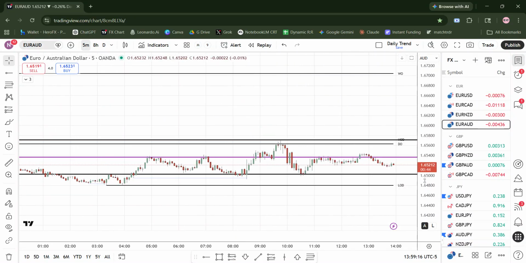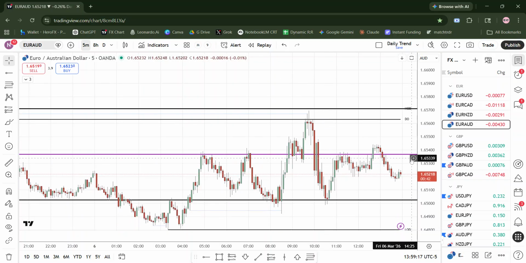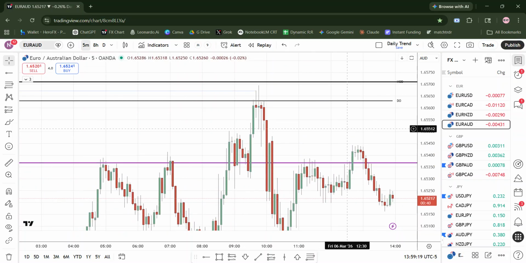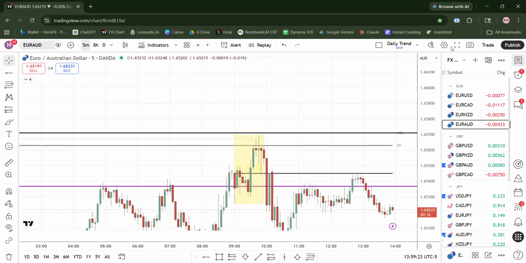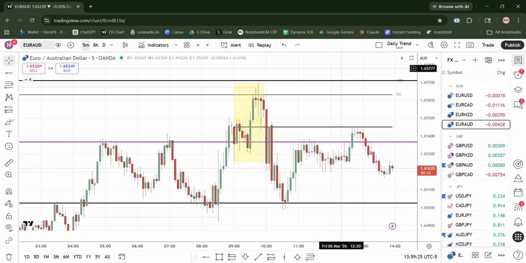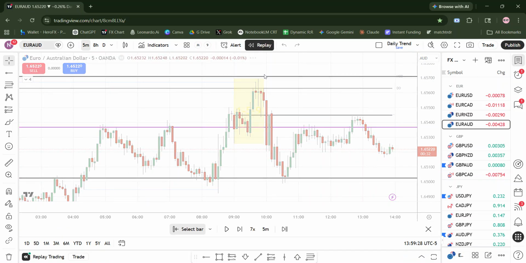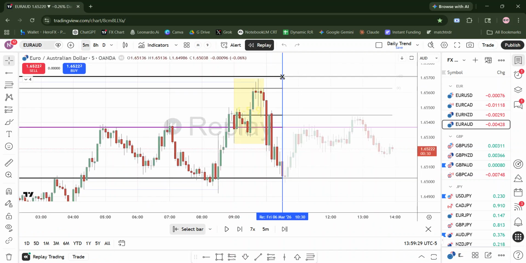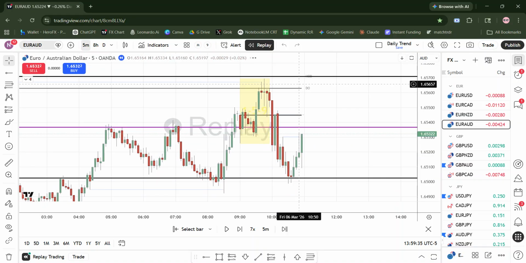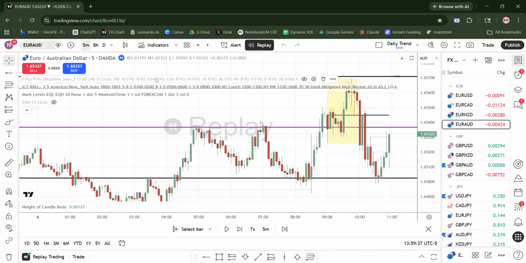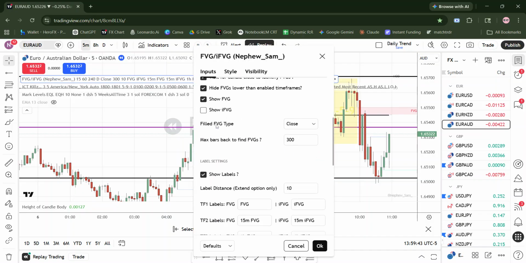And this one was a little different. I actually shot a trade review on it because I used an internal or inverse fair value gap to take the entry. But I'll show you that now, but I'm going to have to do a replay. So let me see. Yeah, I think it was somewhere in here. And then show the IFVGs.